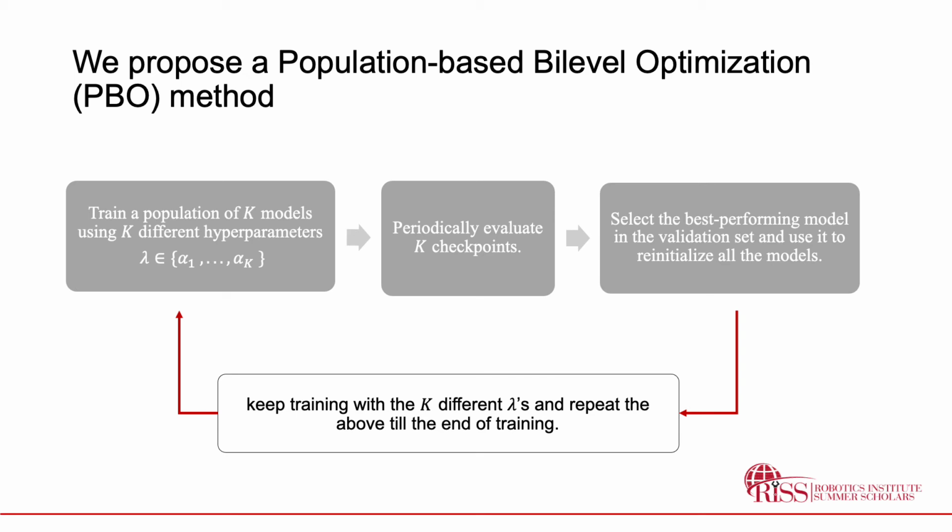After that, we select the best performing model, which we can call the winning model, and reinitialize all of the other models to the winning model parameters. And we repeat the process of training, selecting the winning model, and reinitializing the weights again. We keep repeating this process until the end of the training.